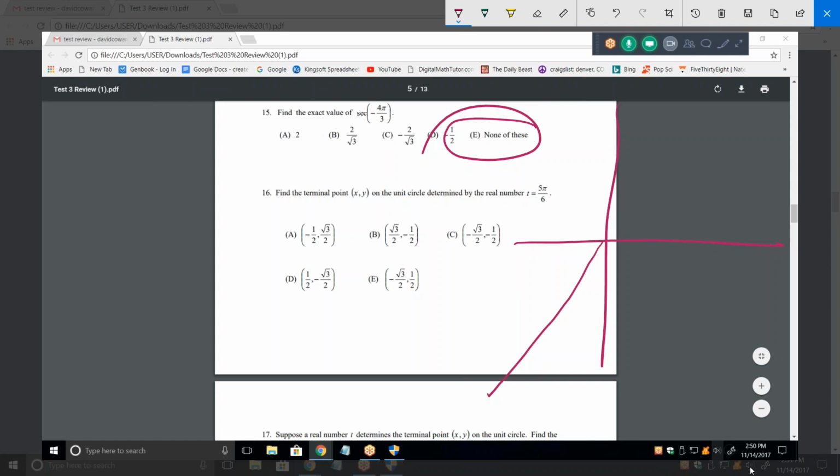But not the secant. Well, I think the cosine would be -1/2 because that would be the same as 60 degrees, which would make the reciprocal -2. So -2 is correct, and it's not on there as one of the answers. So it's none of those.